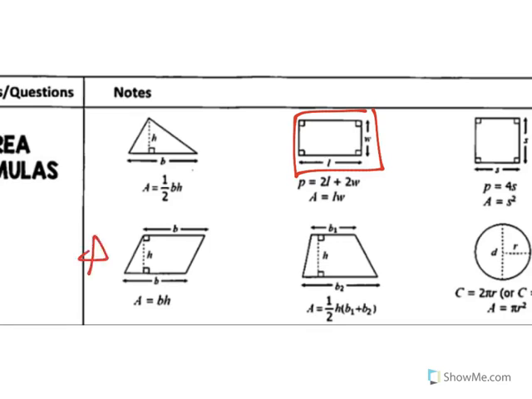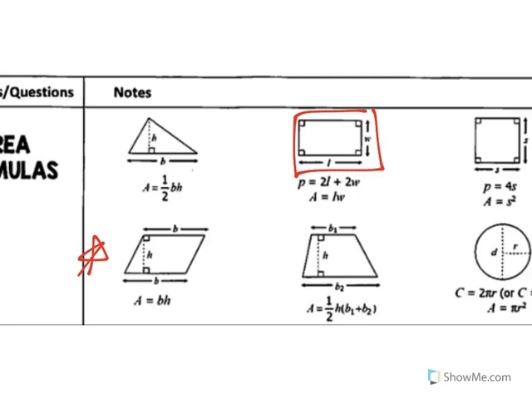Down here, this shape is a parallelogram. So it's kind of like a rectangle, but it's tilted a little bit where the opposite sets of sides are parallel. So here to here is parallel, and then here to here is parallel. Your formula for this is base times height. Your base and height have to be perpendicular to each other.